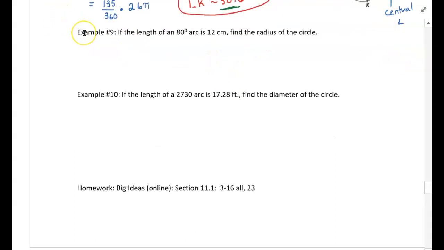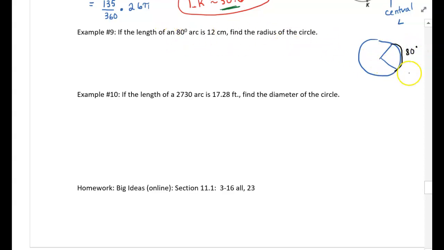All right, just a couple more examples and then we will be done with lecture. These ones involve more words than pictures, so we're going to go ahead and draw a picture. It says the length of an 80-degree arc is 12 centimeters. So if I have a circle, let's say our arc is right here, and it tells us that this is 80 degrees.